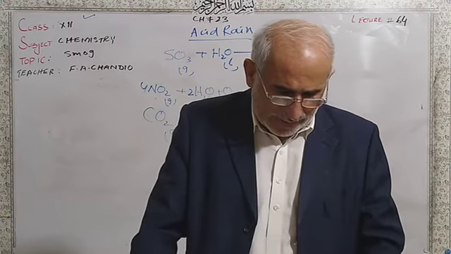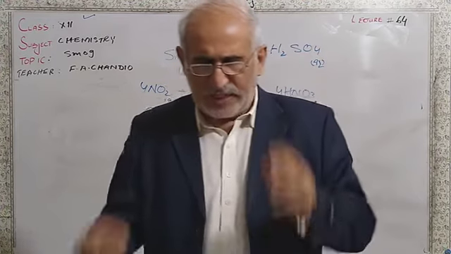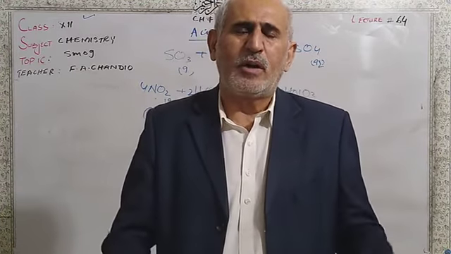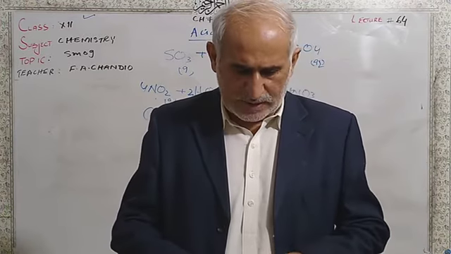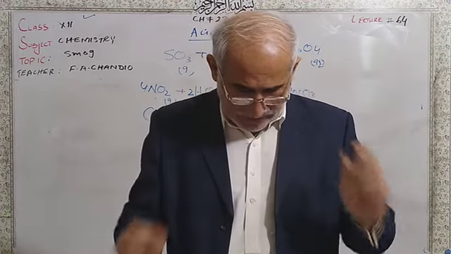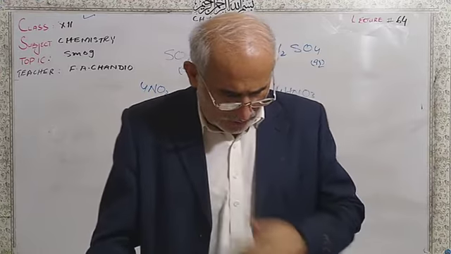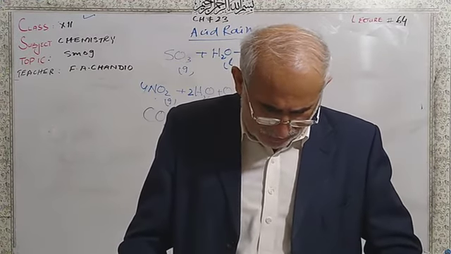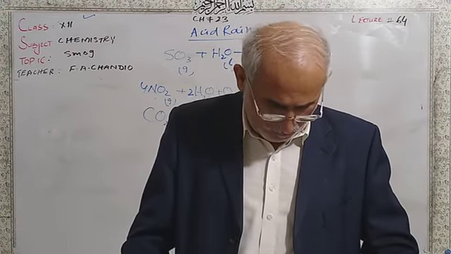Carbonic acid is a very, very weak acid, it does not give much acid rain because it's the weakest acid. But it has no severe effects on animals and plants, though it should not be present.